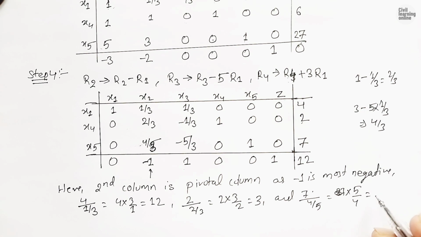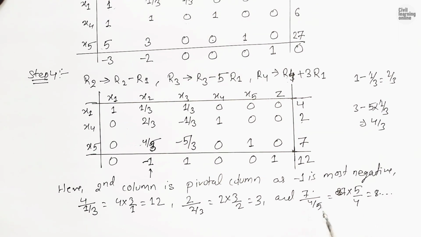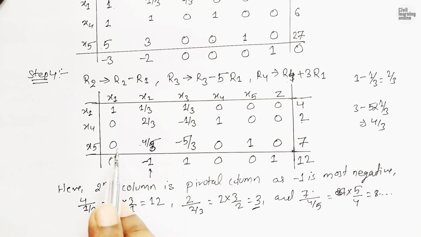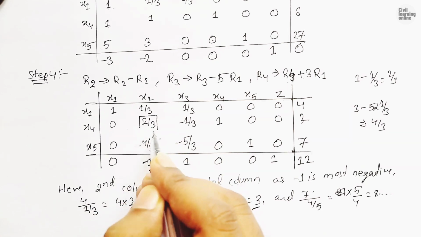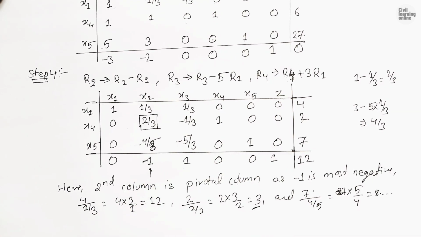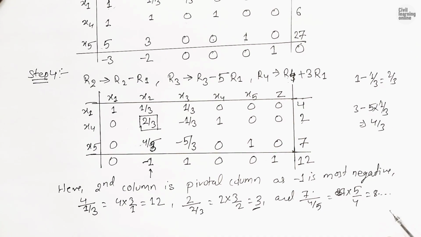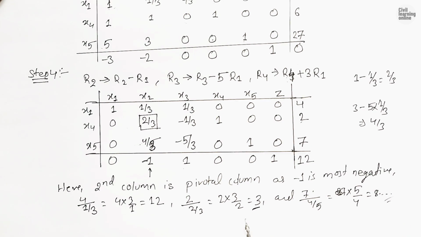So here we will have the ratios. The least is 3. So how did we get 3? We divided 2 by 2 by 3. You can find the exact value when you are solving this. Just multiply this and divide by 4, you will get the exact value. But we have come to know that the least value among these 3 is 3.